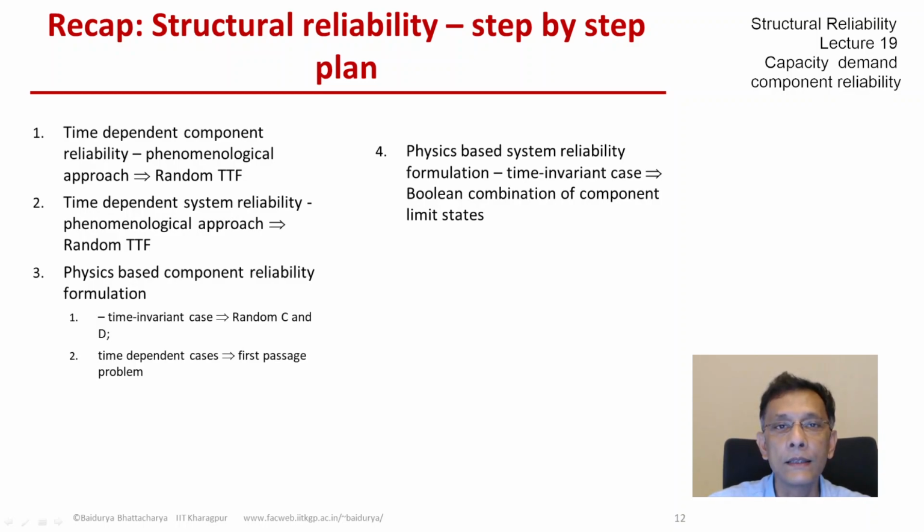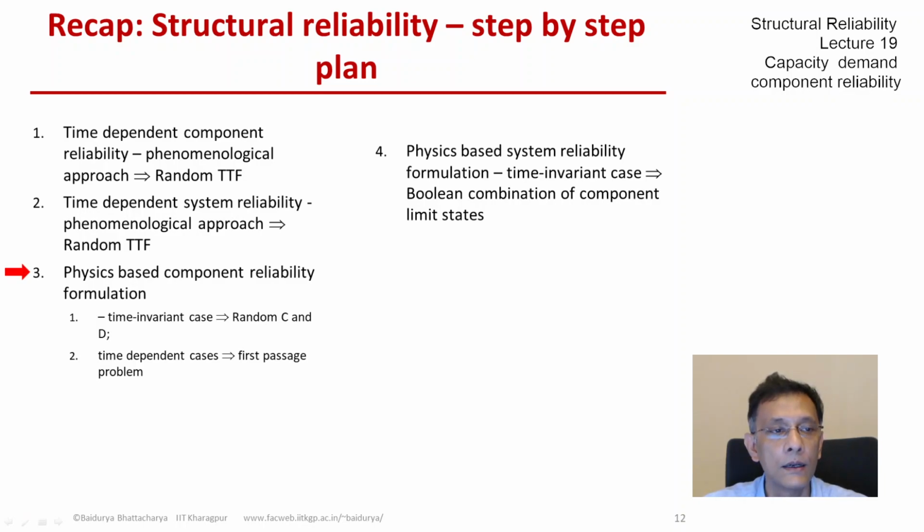Finally, at the end of part C, we are going to look at the physics-based system reliability formulation. So instead of the element, which is the subject of part 3, we are going to look at the system, which will be the last thing to take up in this part C.